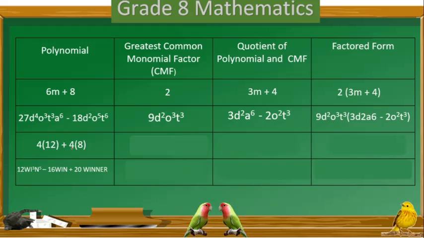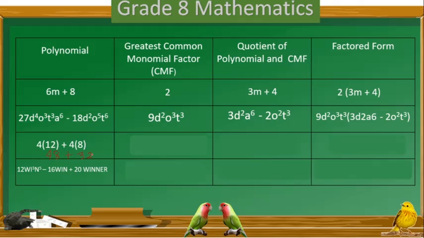Okay, next, this one. Before we are going to factor this one, we have to simplify this first. 4 times 12, that is 48. This one 32.